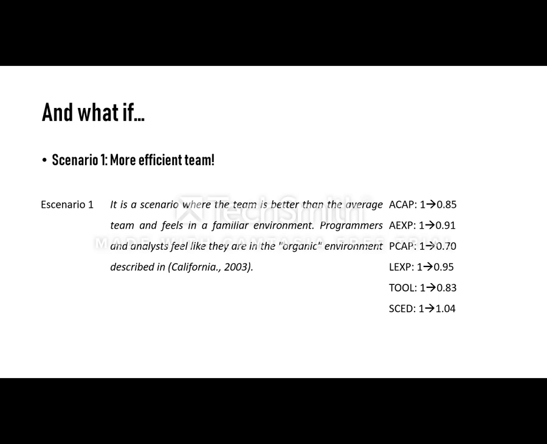In this scenario, there is a better capability of the analyst. They have a better experience using the development platform. The programmers are better than in the nominal state, and the language used is widely known. The development team is talented in managing the tools and following an established schedule.